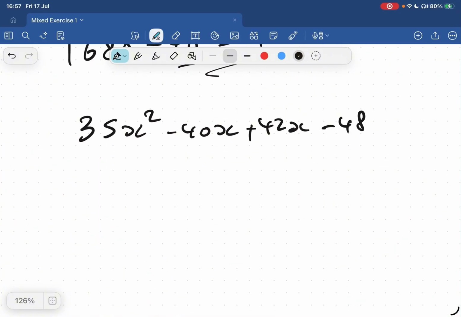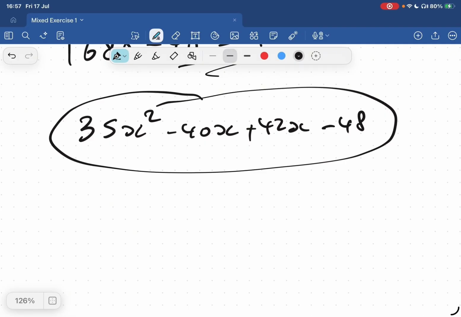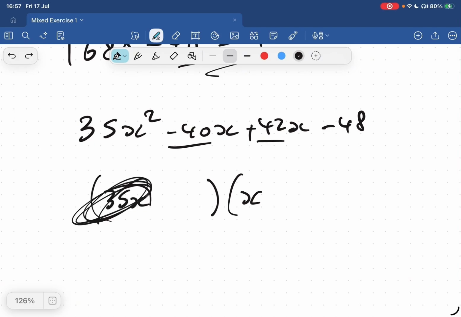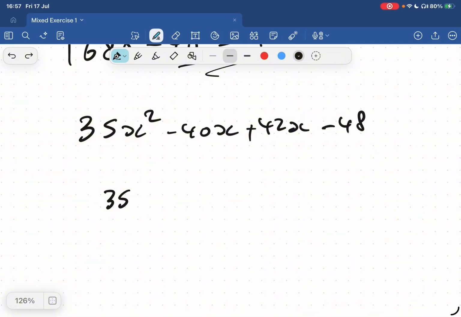Now we need to find ourselves our double brackets. And we simply can't just write 35x and x like we used to do, because we've got 40 and 42, and none of those divide by our 35. So we've got to think of something a bit different.